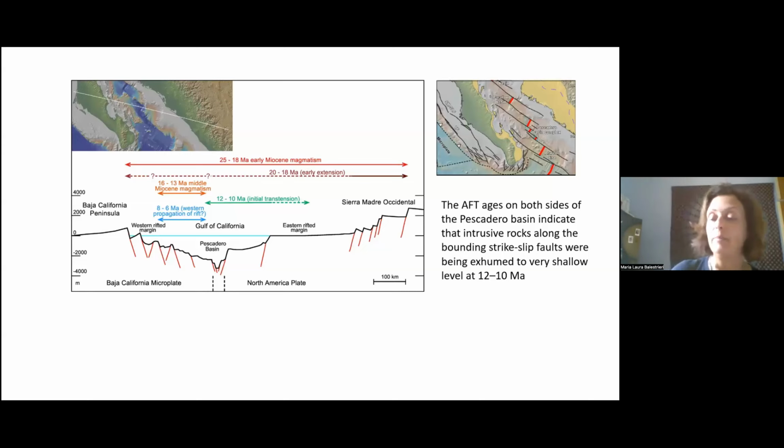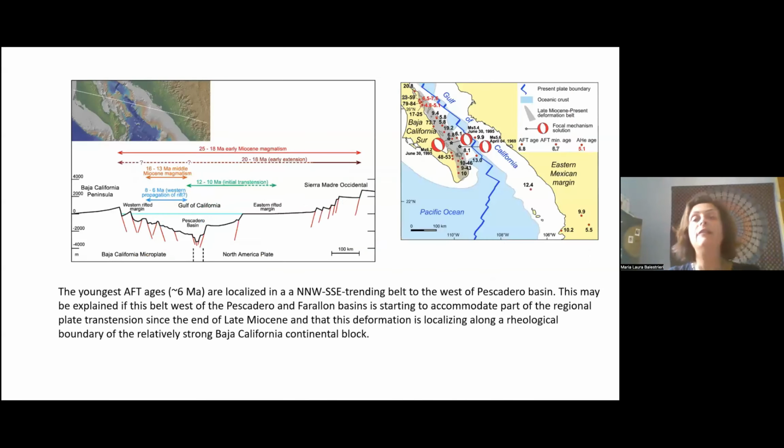And then another peculiar thing that we have found is that the youngest ages are not located in the Pescadero Basin, but they are located in a belt that is close to the Baja California coast. It is around 6 million years. And how can we explain this belt?